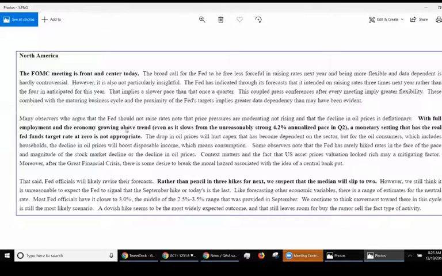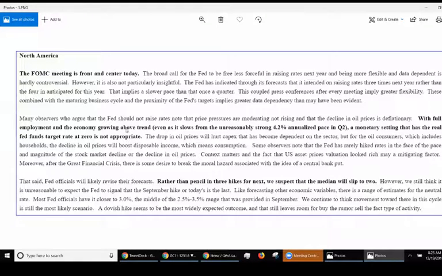Okay. The drop in oil prices. Now, this is Mark Chandler countering my oil as deflationary comment. The drop in oil prices will hurt CapEx that has become dependent on the sector, meaning the drop in oil prices is going to make capital expenditures, because free cash flow will be lower, in a sector that's already leveraged, decrease.